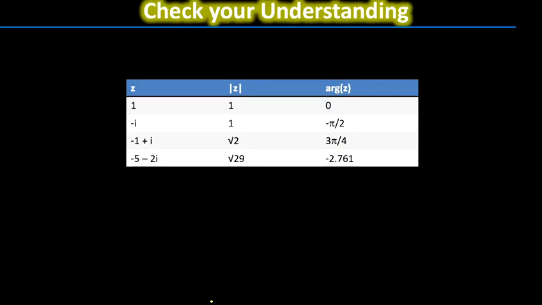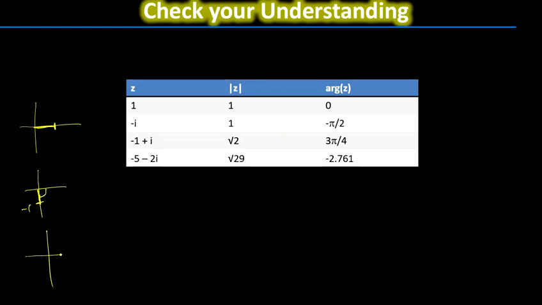If you have a complex number 1, its modulus is 1, argument is 0. Why 0? 1 means purely real number, so you have 0 angle. If it is negative iota, somewhere here on the imaginary axis, modulus is 1, but argument is negative pi by 2. Please check your understanding.